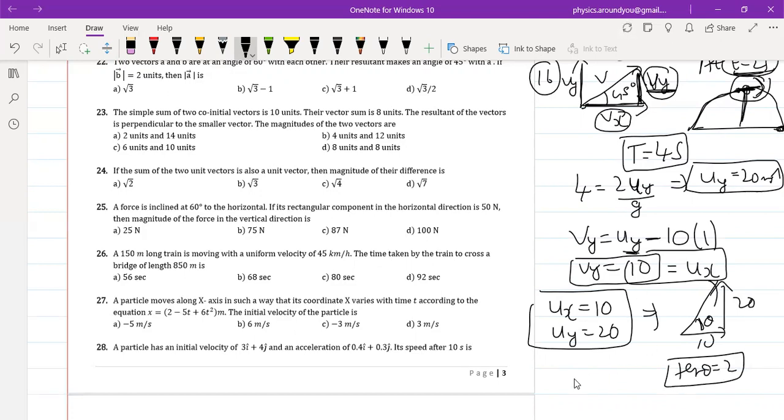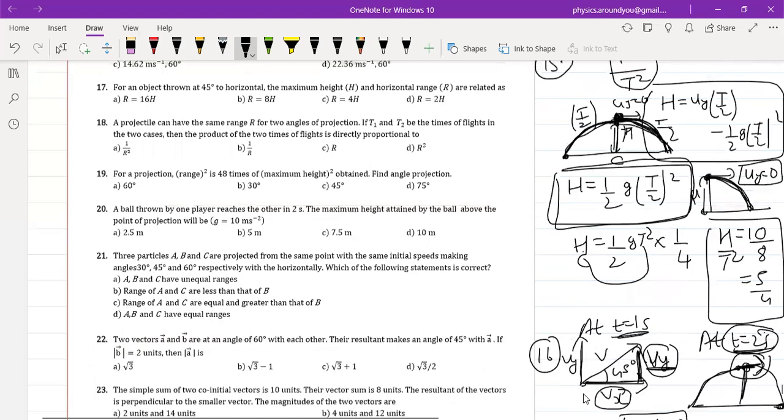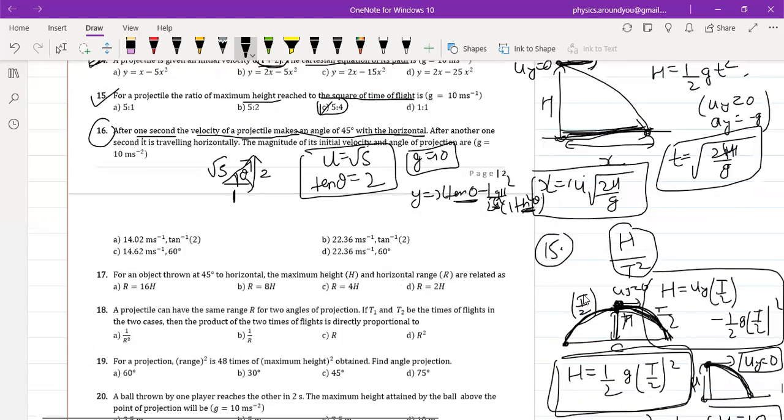And what should be the speed? Speed should be equal to the magnitude of this hypotenuse, square root of 20 square plus 10 square, which should give you root of 500. 500 is nothing but 10 root 5 meter per second, right? That is the initial speed, and that would be the initial angle, tan theta equal to 2.